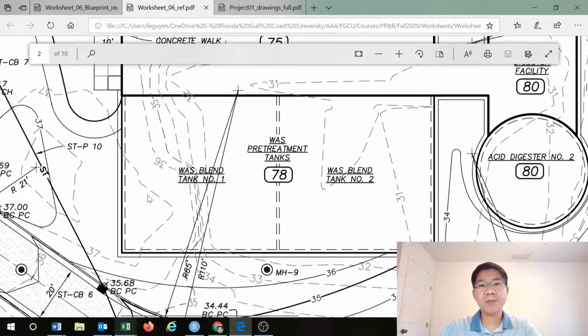Of course, this is a slope. In the contours you see the existing elevations of 36 feet, 35, 34, 33, 32, and then it is almost flat, going down to 31. So it is basically a slope, higher here and going down this way. For that, we can approximate somewhere in the middle. I assume that is 32 feet, so the assumed level at the existing condition is 32 feet.